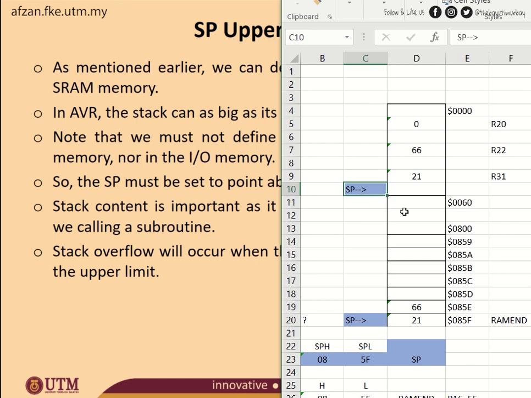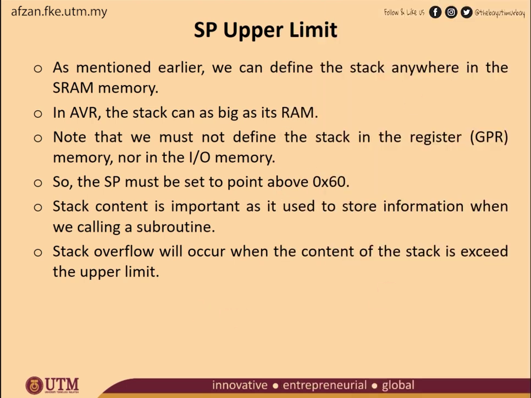That's why in order to fully utilize your stack, we need to initialize our stack in the RAM, so that the stack pointer does not exceed the stack upper limit. Okay, so that's all for the stack pointer.